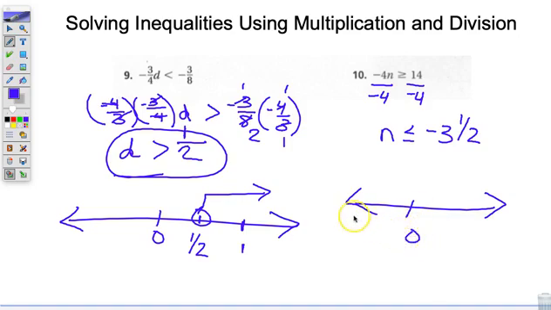Here's 0. If you actually want to put in +4, you can, just to show that it's not quite at 4, or you can just put a -3 1/2, and it will be a solid circle, and the answer is less than or equal to that -3 1/2, so it does move left.